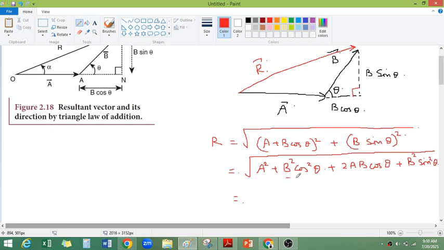So this b squared cos squared theta and b squared sin squared theta will combine, because I can take b squared commonly out, and sin squared plus cos squared becomes 1, right? So that means what will happen is a squared plus b squared plus 2ab cos theta.